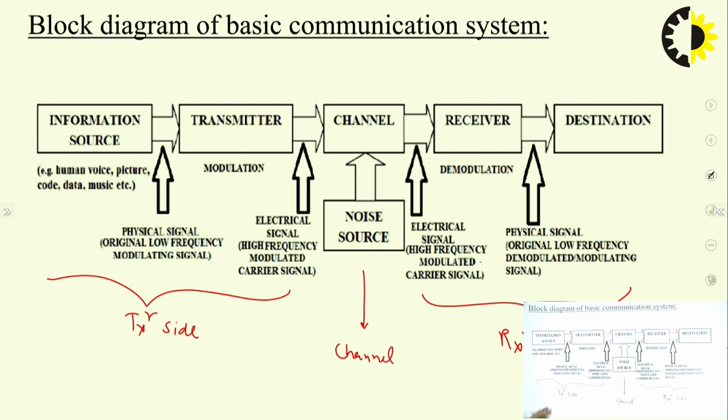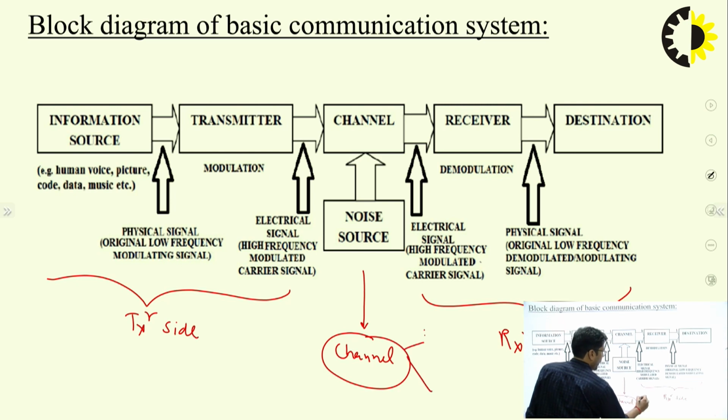The transmitter side mainly consists of the information source, transmitter, and transducer, and the receiver side consists of the receiver, transducer, and destination as well. In between these two sides there must be a channel. The channel could be in the form of wire or wireless.